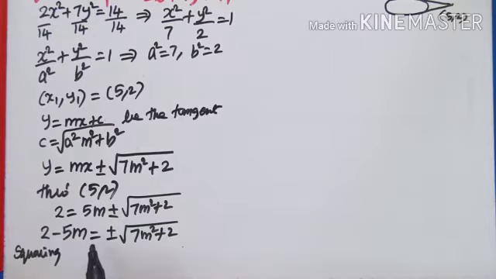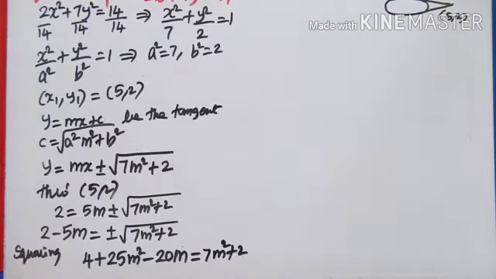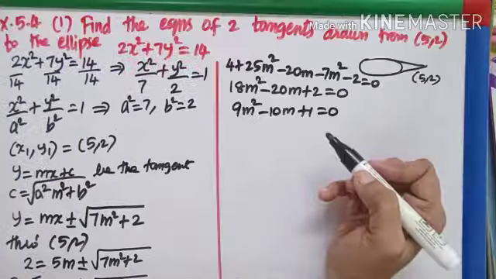What about the left hand side? It is a minus b the whole square. So when I square, it is a square plus b square minus 2 into 2 into 5m, that is 20m, equals to, as I square, square root and square gets cancelled, 7m square plus 2. Now let me bring all the terms to the same side.